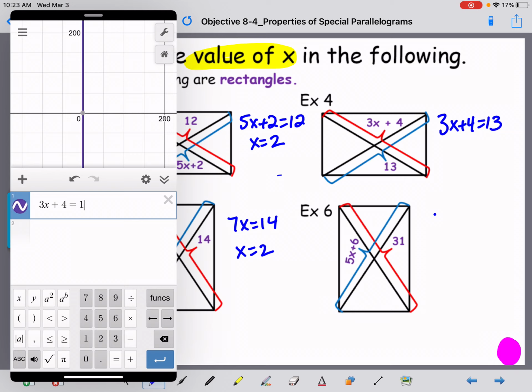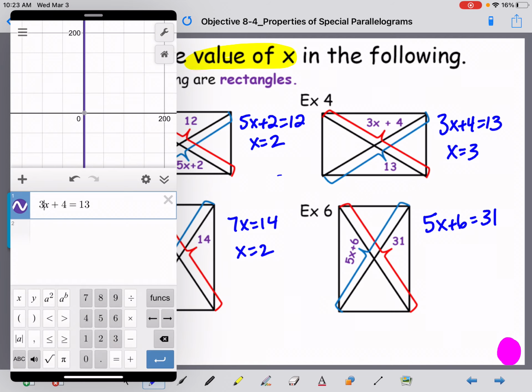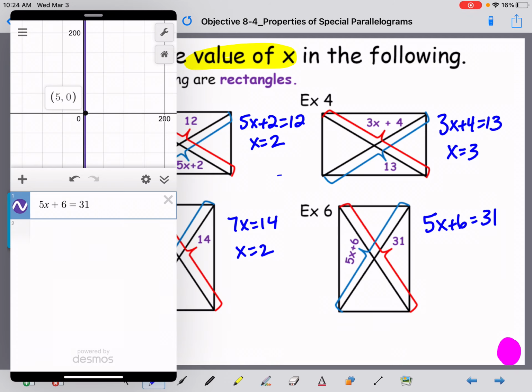But I know that you guys don't like doing that, so let's type it in the calculator. And the very last problem, 5x plus 6 equals 31. So we're going to change that to a 5, change that to a 6, and change this to a 31. X is 5.